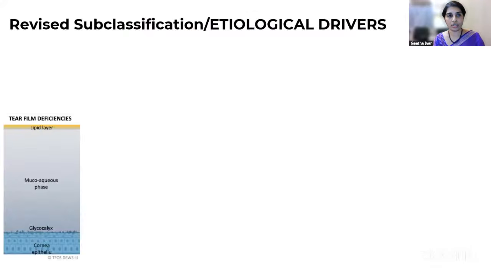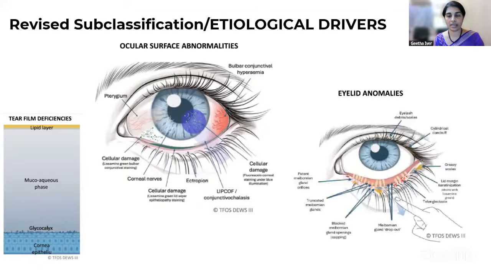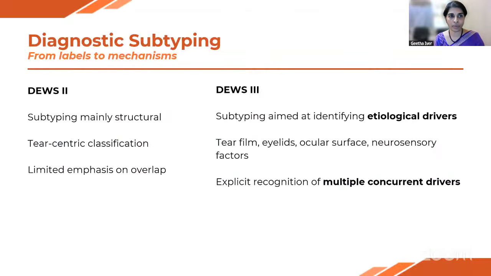So to put it in a diagrammatic format, the etiological drivers are the tear film related deficiency in relation to the lipid layer, the aqueous phase, and the mucin. These are the ocular surface abnormalities, and these are the eyelid anomalies, with the 4th driver being systemic associations for dry eye disease. So this is what was done in DEWS-3, that we moved from labels to mechanisms.